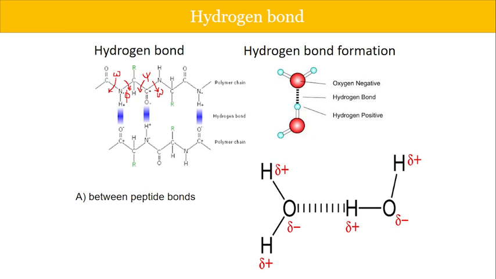Then your psi would be formed between the nitrogen of your ith amino acid, then your C alpha, then the carboxylic carbon, and the nitrogen of the i plus 1th amino acid.